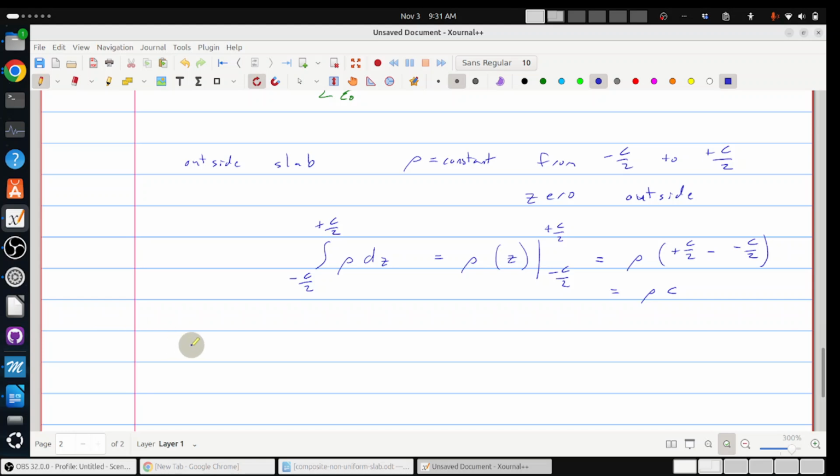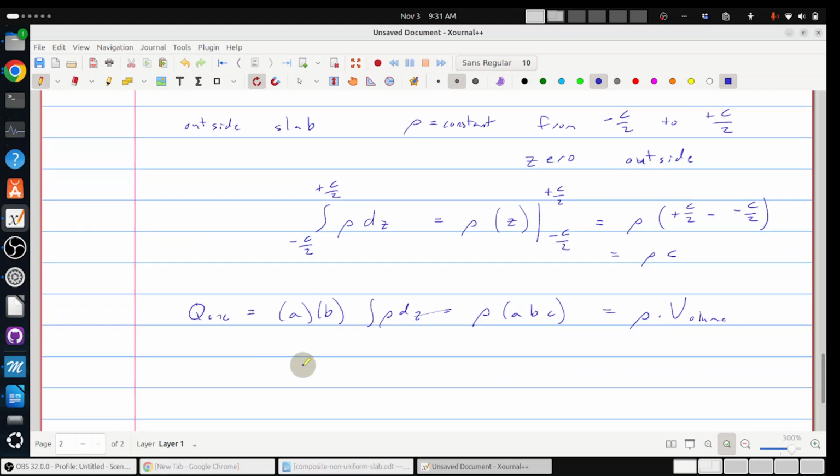Now, going back to my Q enclosed, well, that was my A times B times the integral of the rho dz. And so it's rho times A times B times C, which makes sense because that's rho times the volume. And so if I've got so much charge per cubic meter and I know the volume of my slab, I can find out the total amount of charge.